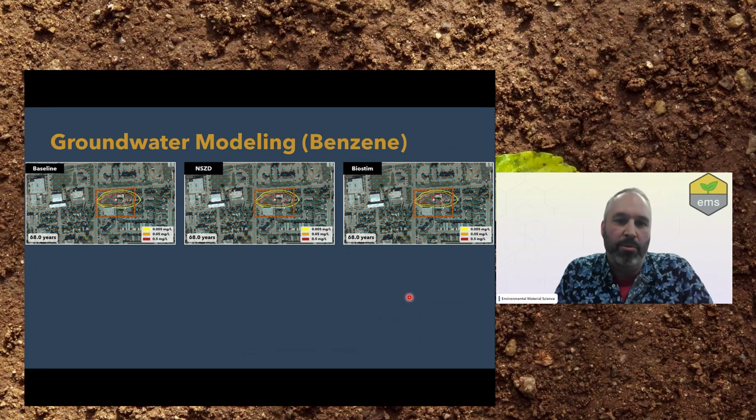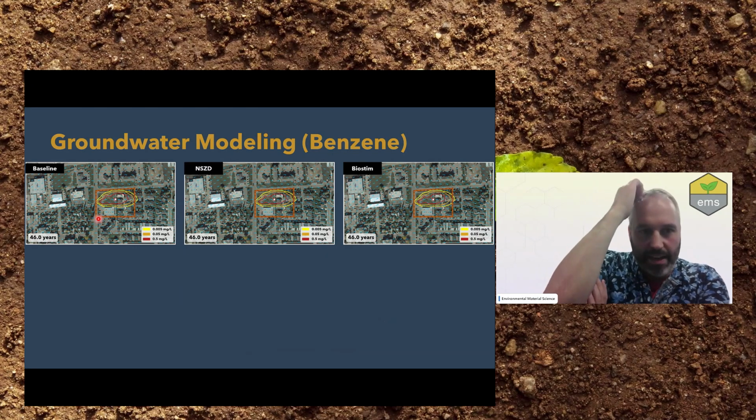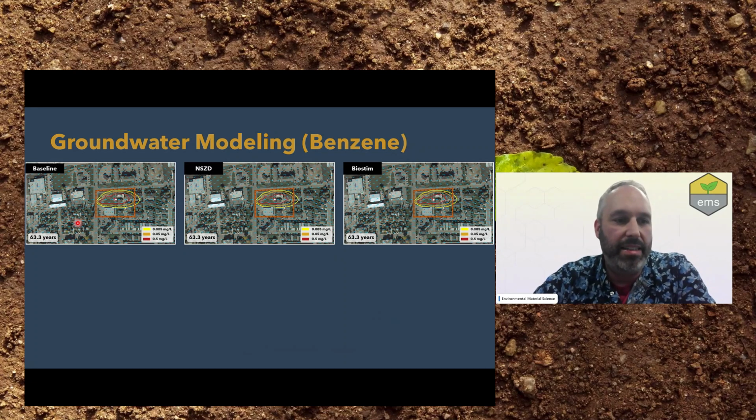Well, we can run these models. And in this case, we're looking at the fence line. So we've drawn a line around here that represents a land use change that we don't want to get off of industrial land use. And you can see the ticker going down.